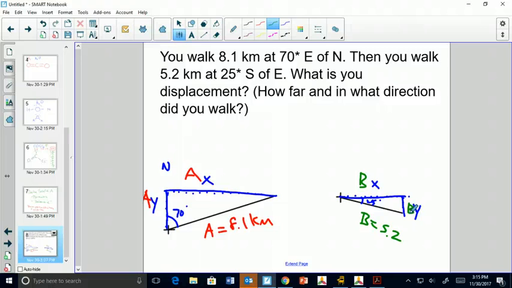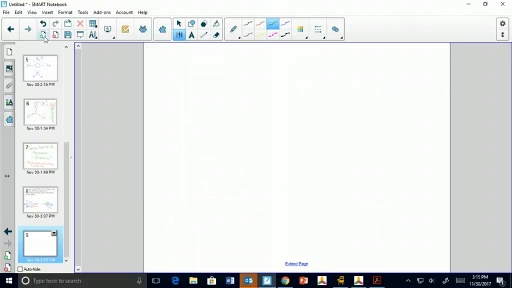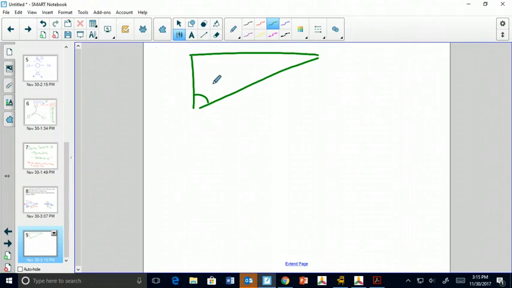So let's deal with A first. We know that this angle was 70 degrees. We know that A is equal to 8.1 kilometers, and here's AY, and here's AX.